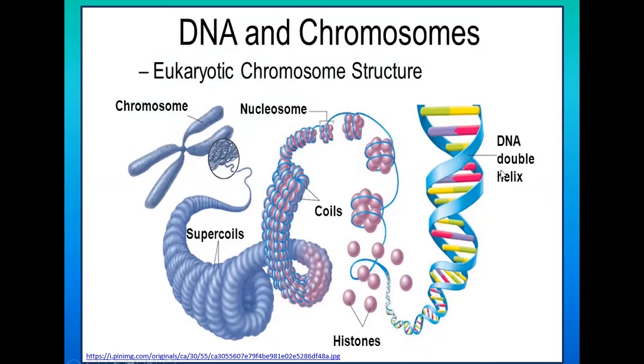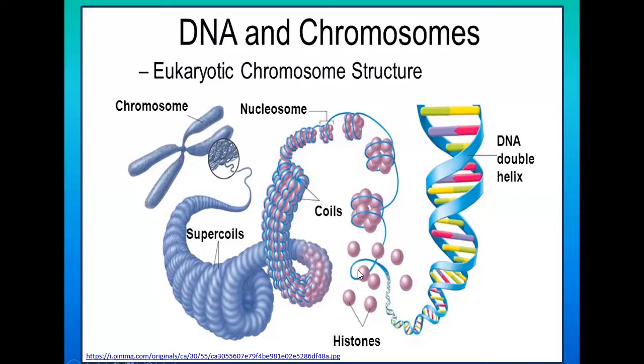Now again, the basic composition of your chromosome is the DNA. And this DNA, this strand-like structure, coils on a protein called histone.